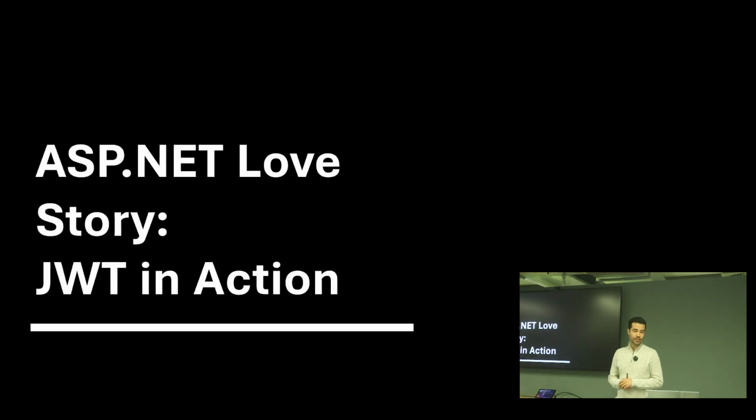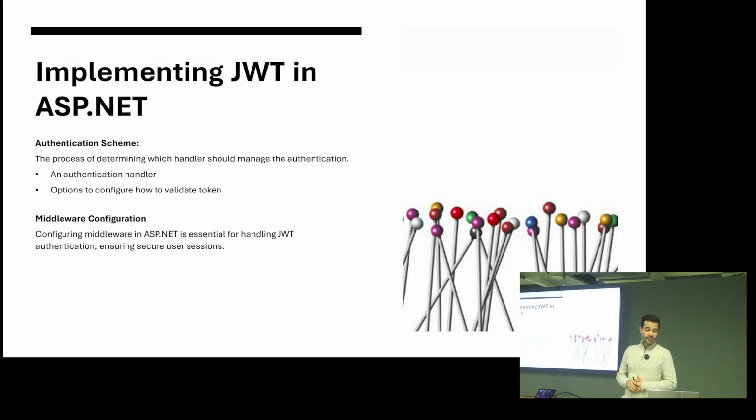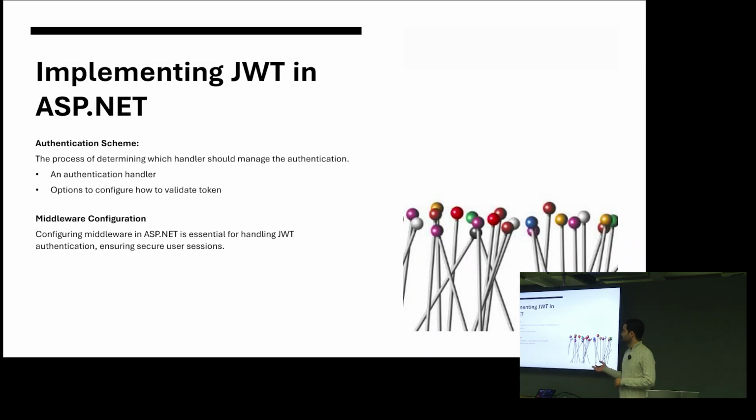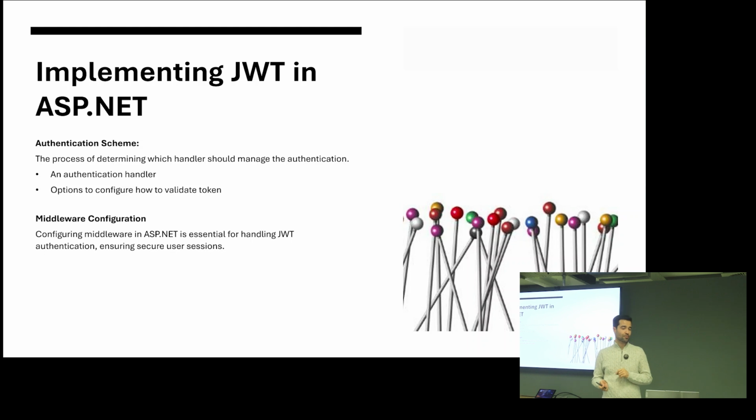Now we are going to take a look at how we can implement JWT in ASP.NET, which is really a love story. To implement JWT in an ASP.NET project, the only thing you need is a good understanding of the authentication scheme.